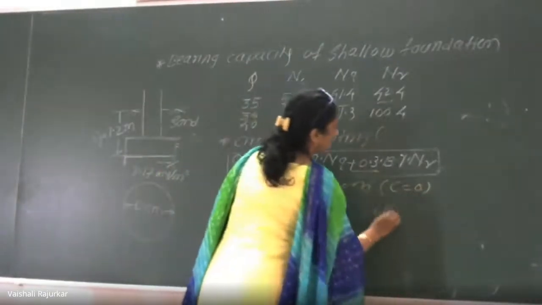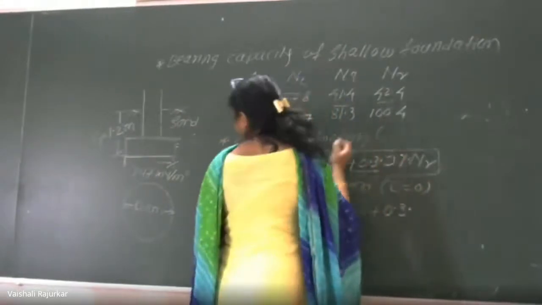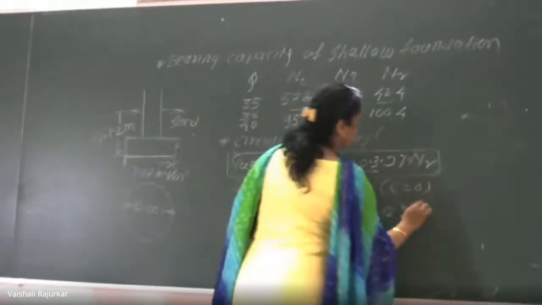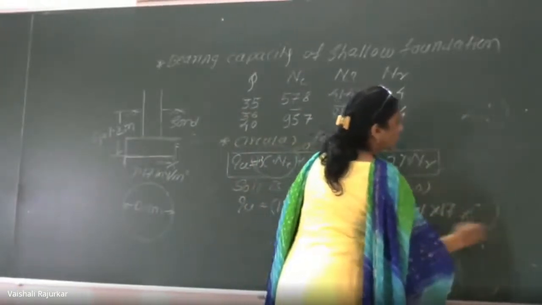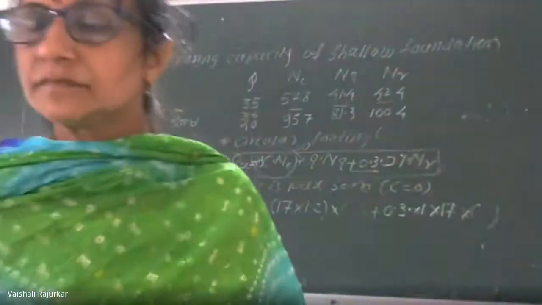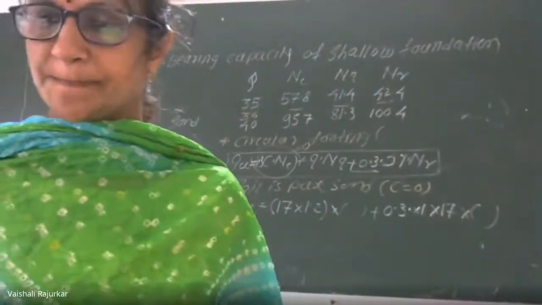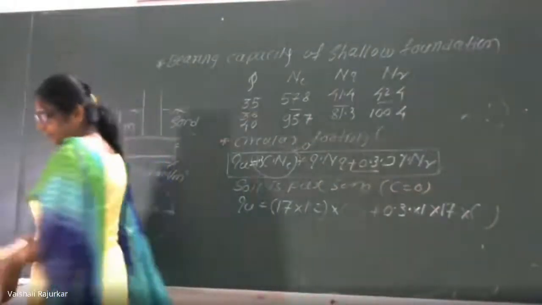And here it will be 0.3 into B. Instead of B, now here it will be D, and D is 1 meter, into gamma, and N gamma again you have to find. Right? What is the answer? Just calculate it.